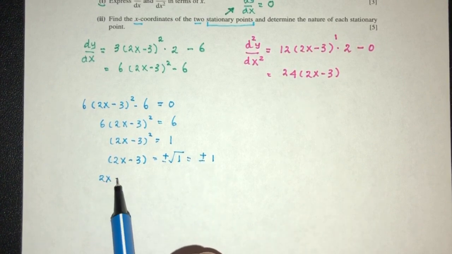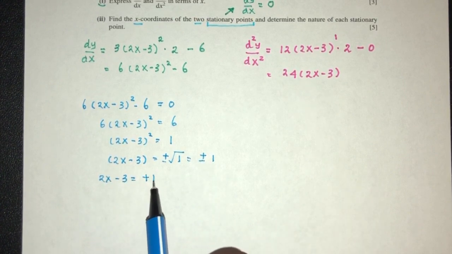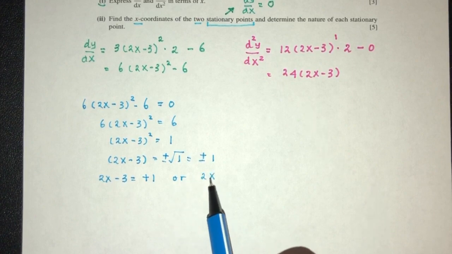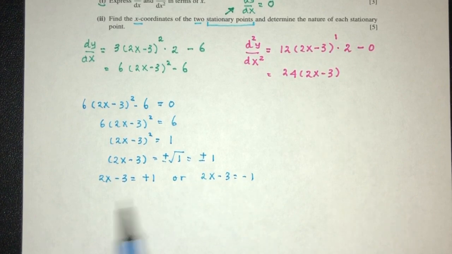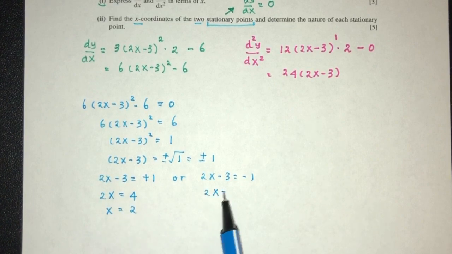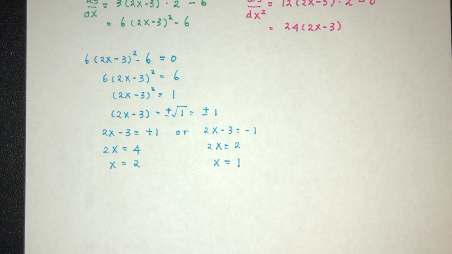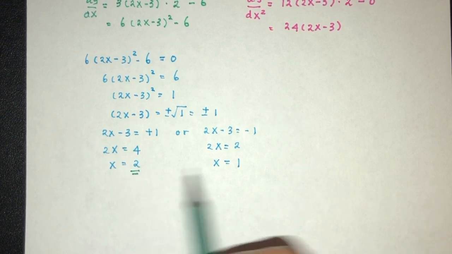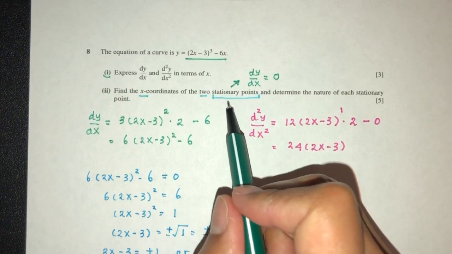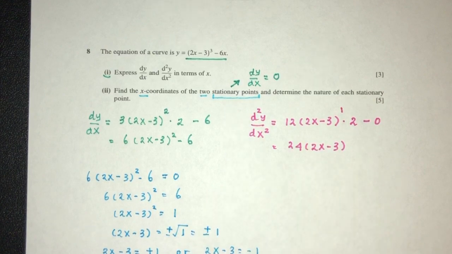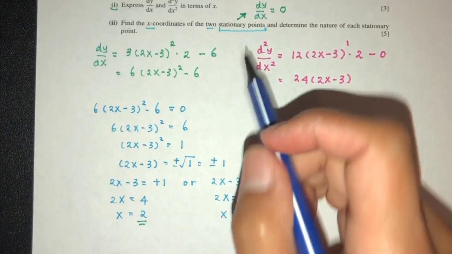So 2x minus 3 is plus 1, or 2x minus 3 is minus 1. 2x will be the value of 4, x will be the value of 2. 2x will be the value of minus 1 plus 3, that should be 2. X will be the value of 1. So here we have the two x values of my stationary points.